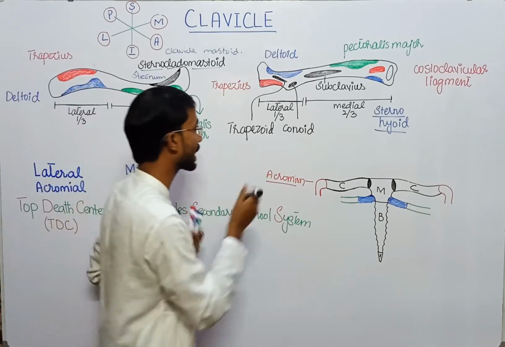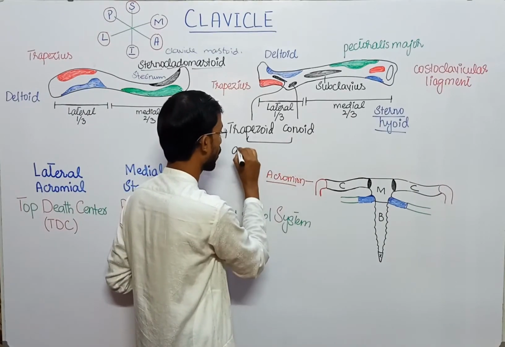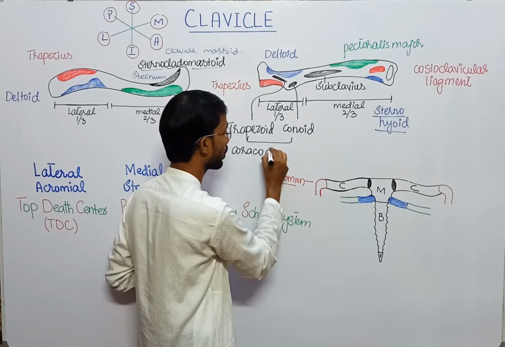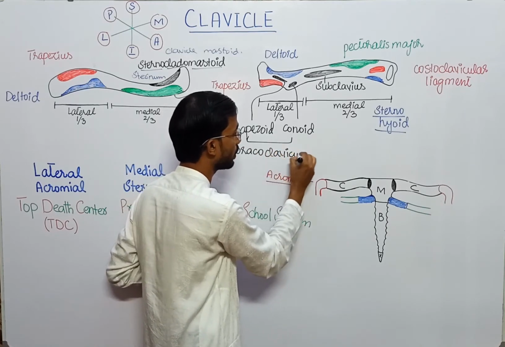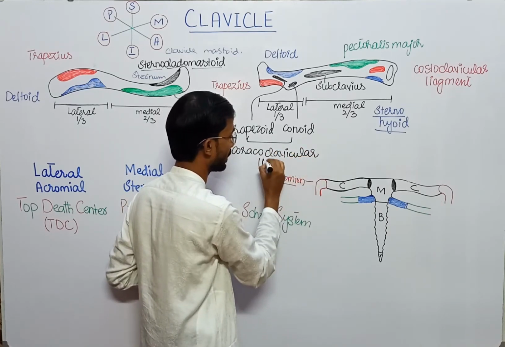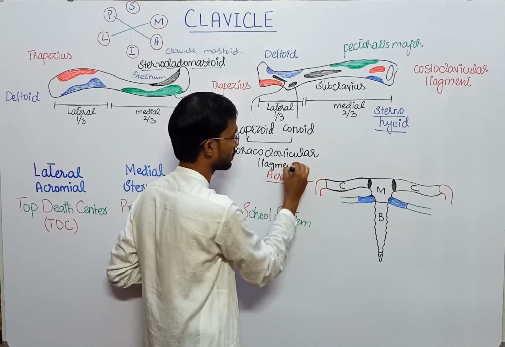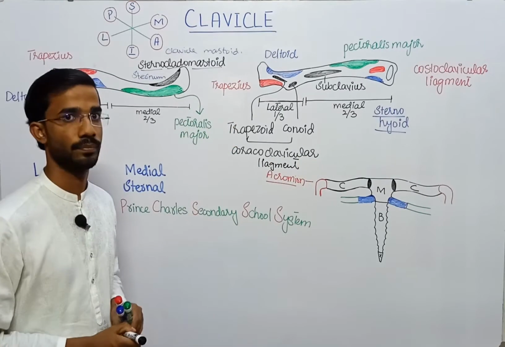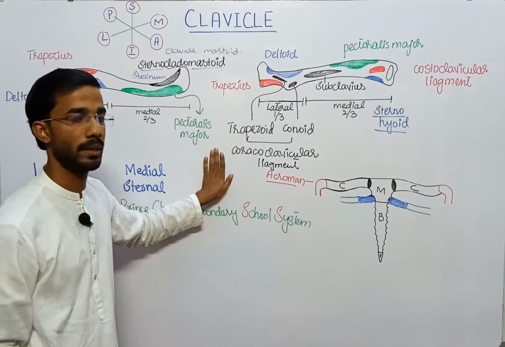Both of them we collectively call the coracoclavicular ligament. So this is the lateral side.